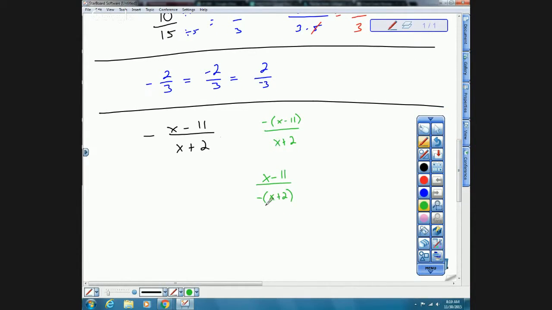These all mean the same thing, because negative divided by positive is a negative, or positive divided by negative is a negative. The other way, because you got to come up with 4, is to just go ahead and distribute that negative. If I distribute that negative, it'd be -x plus 11 over x plus 2. And then this one, if I distribute the negative on the bottom, it'd be -x minus 2. So that gives me actually 4 different ways to write this one problem, just because of the way the signs work.